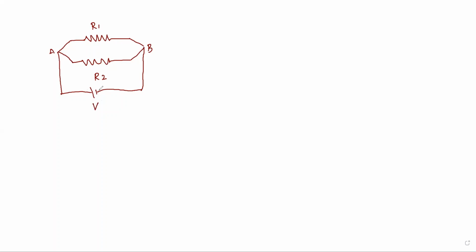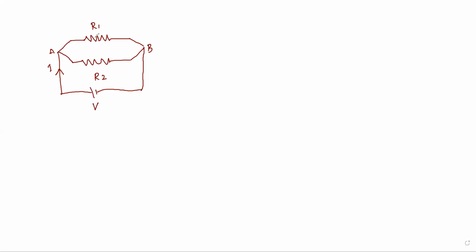The current starts to flow from the positive end and reaches the point A. It is moving in this direction and it comes back to the negative end. But when the current I reaches point A, it gets divided into two parts.